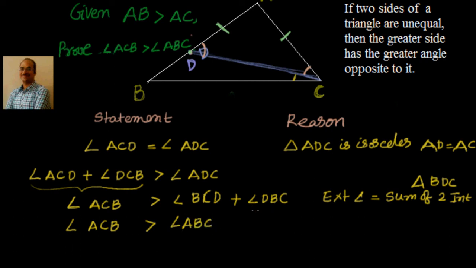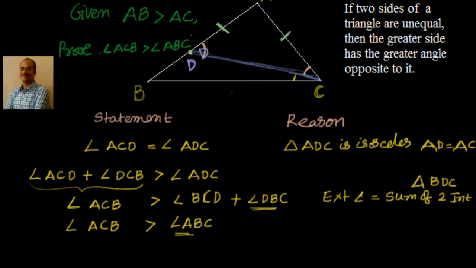Why? Because DBC is equal to angle ABC. Suppose we are saying 12 is greater than 9 plus 3, then automatically 12 is greater than 9. So that's how you can prove that angle ACB is greater than angle ABC.